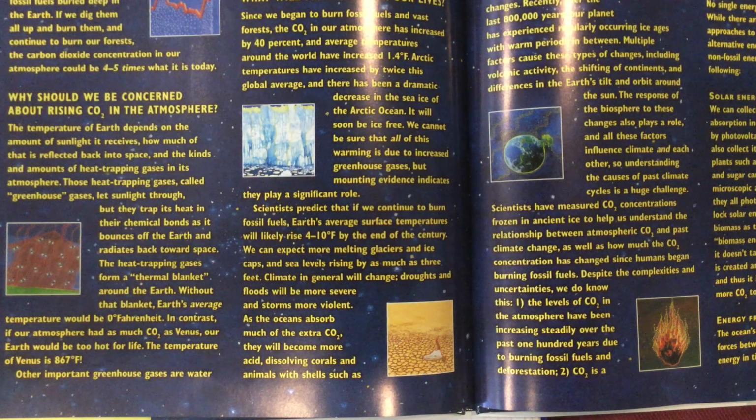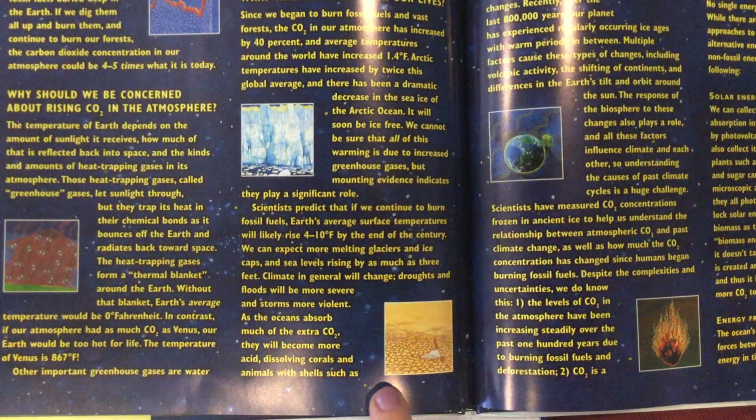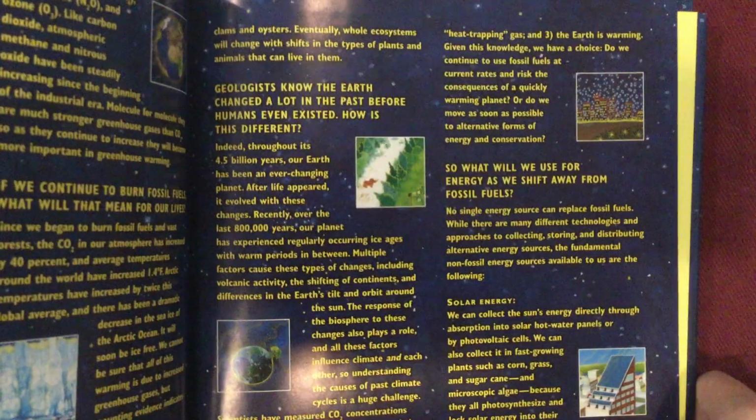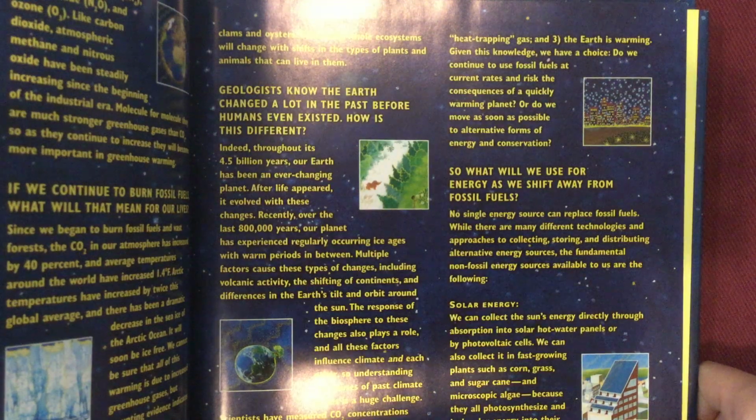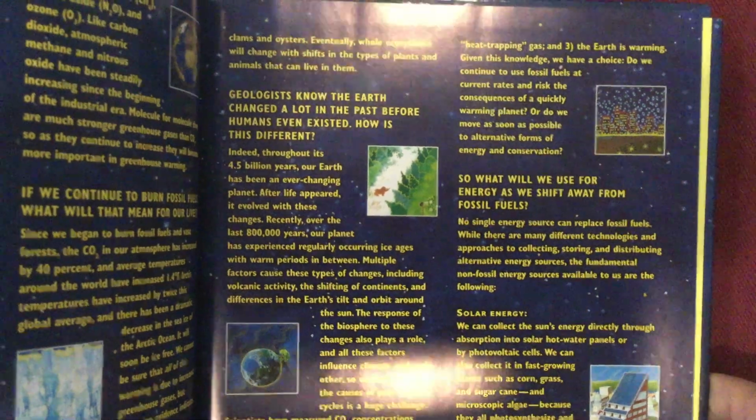As the oceans absorb much of the extra CO2, they will become more acid, dissolving corals and animals with shells, such as clams and oysters. Eventually, whole ecosystems will change with shifts in the type of plants and animals that can live in them.